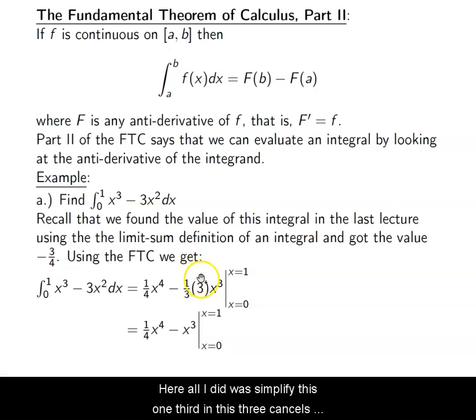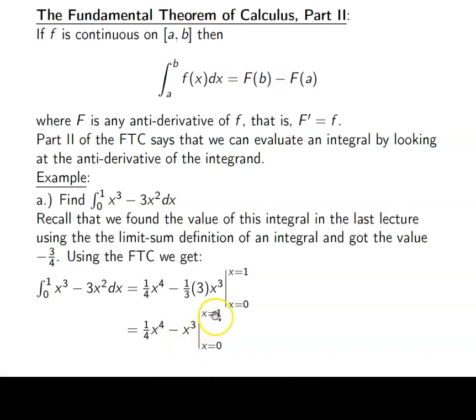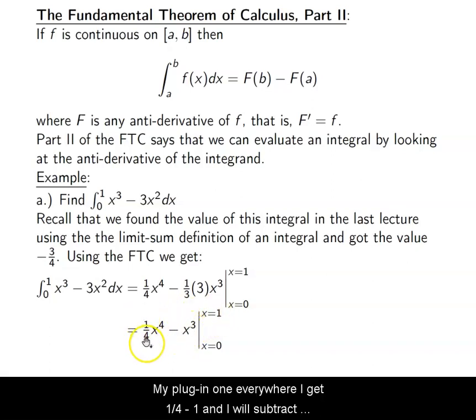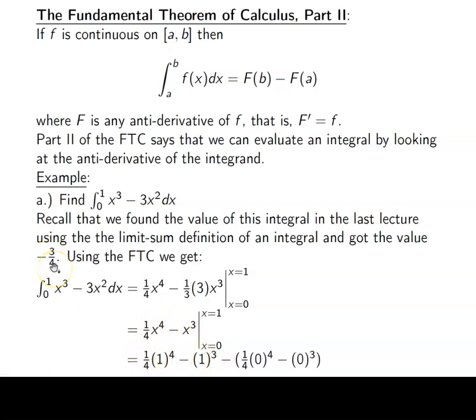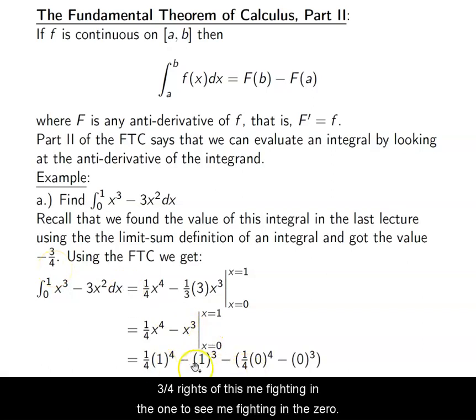So here all I did was simplify. This 1/3 and this 3 cancel out, so I'm not doing extra math that I don't need to. If I plug in 1 everywhere, I get 1/4 minus 1. And I will subtract from that me plugging in 0 everywhere, which is just minus 0. So this turns into 1/4 minus 1, or negative 3/4, right?